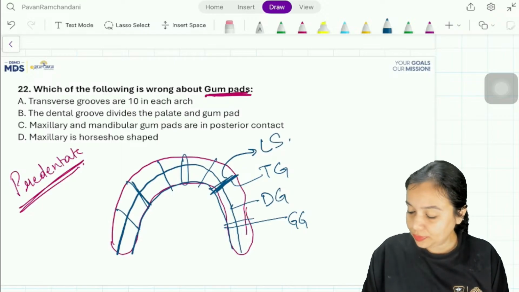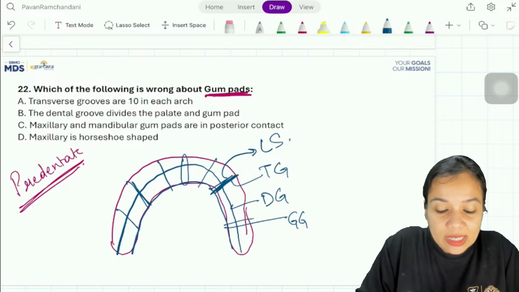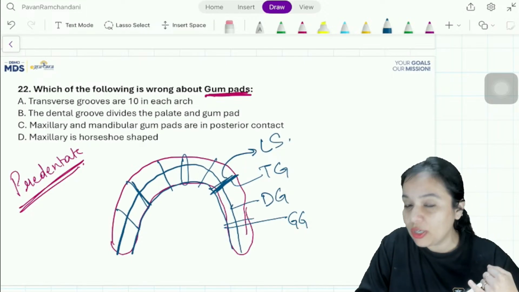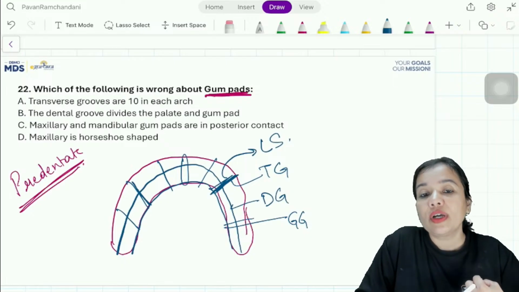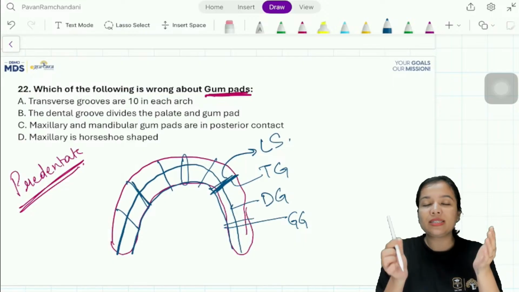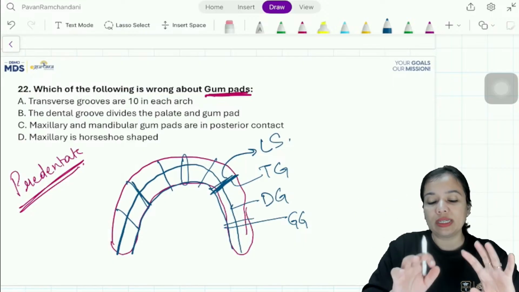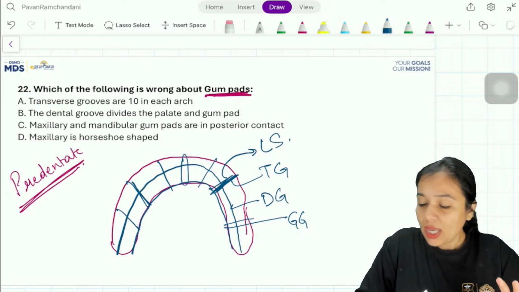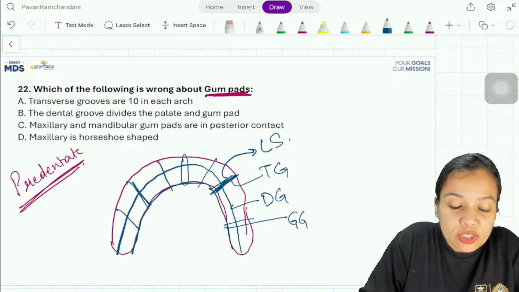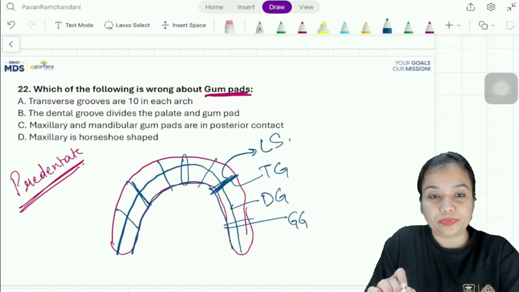So we have the gingival groove, there is a dental groove, then we have the lateral sulcus, which is present in the canine region, then we have the transverse grooves, and there is an incisive papilla. Now, the options that have been given are: transverse grooves are 10 in each arch.